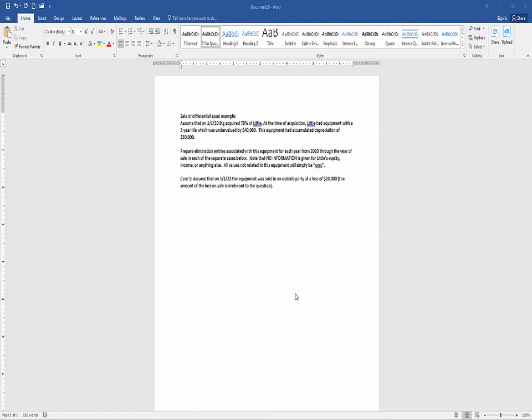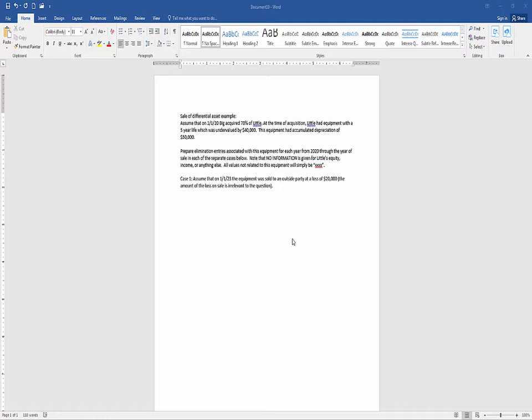The only place the 70% would become relevant would be in getting the investment income or the income to the non-controlling interest. Since I'm focusing only on the equipment itself, the 70% is irrelevant to this question. Okay, so first, case 1.